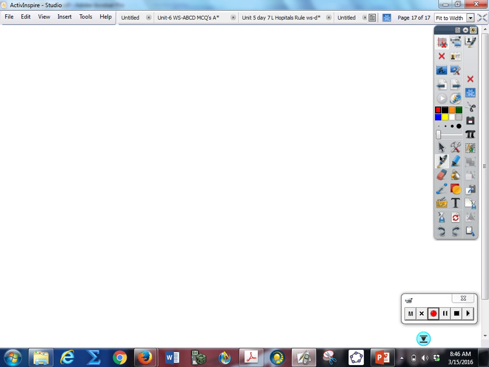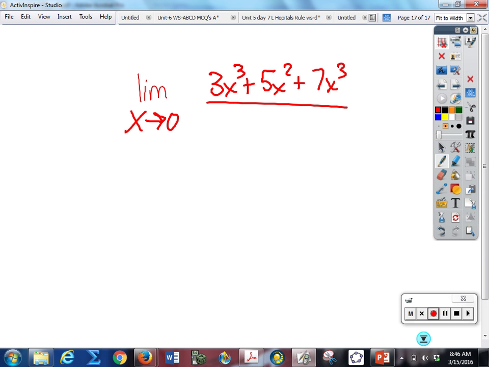Let's say I have the limit as x approaches 0, and we had some of these. And we just looked at the highest power of x, right?